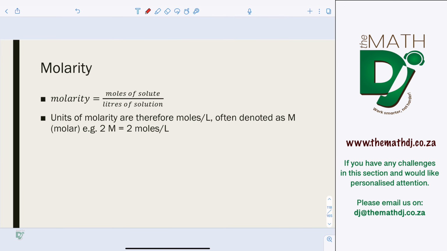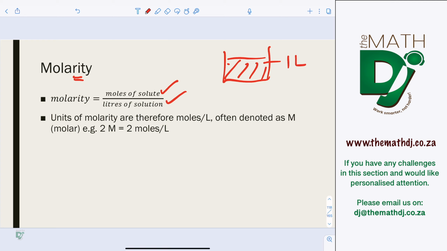Okay. Molarity. So molarity is moles of solute divided by liters of solution. So you'll have your solution here. Let's say it's 1 liter.